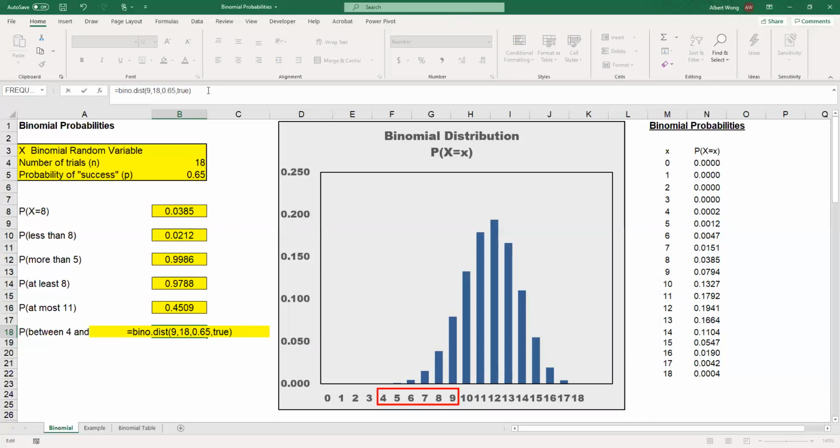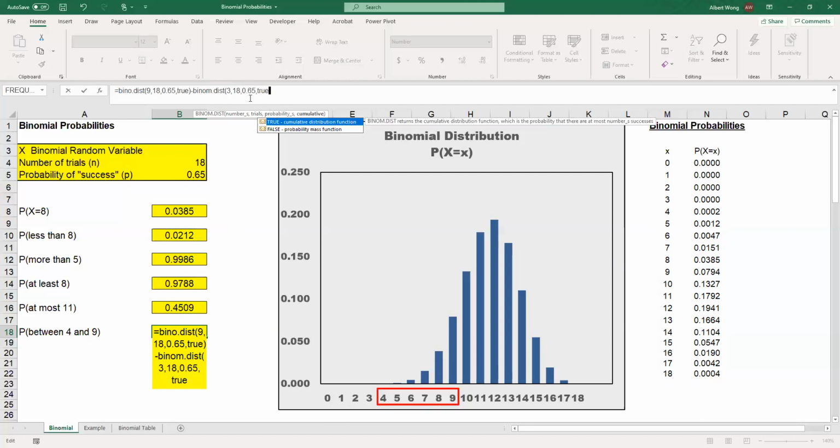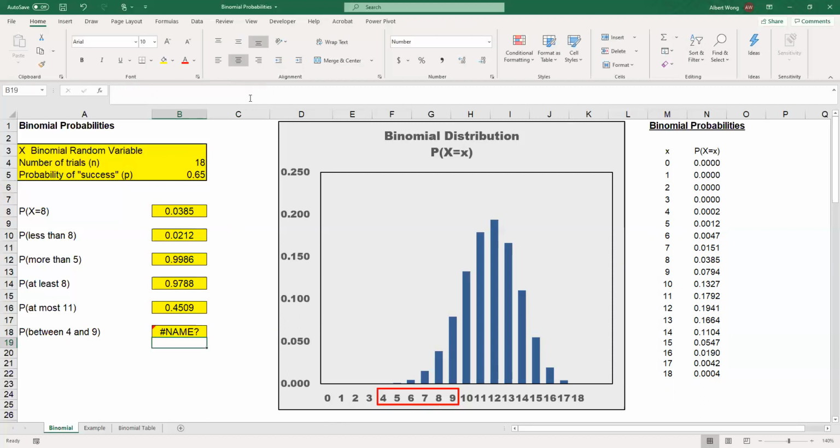And now we have to take away the probability from 0 to 3. So minus binom.dist, 3, 18, .65. Okay, so that's how we enter them.